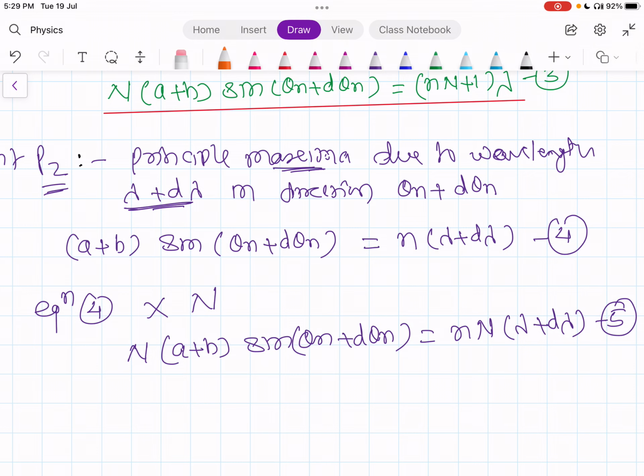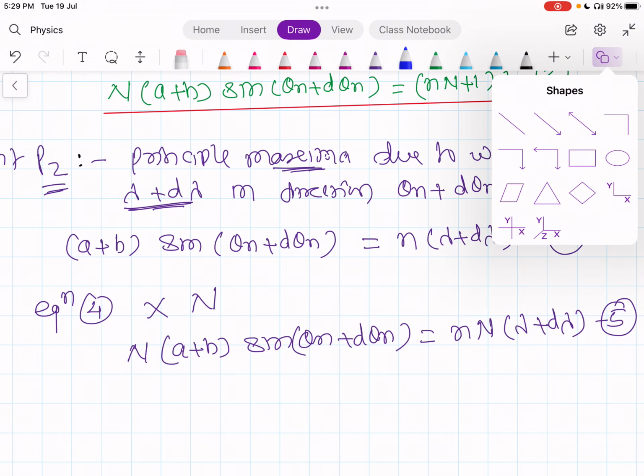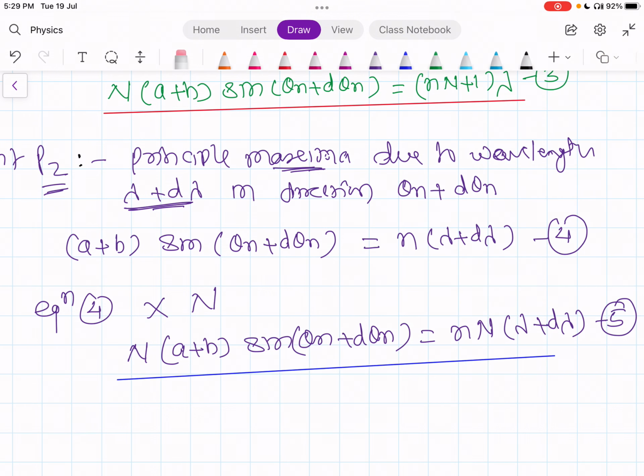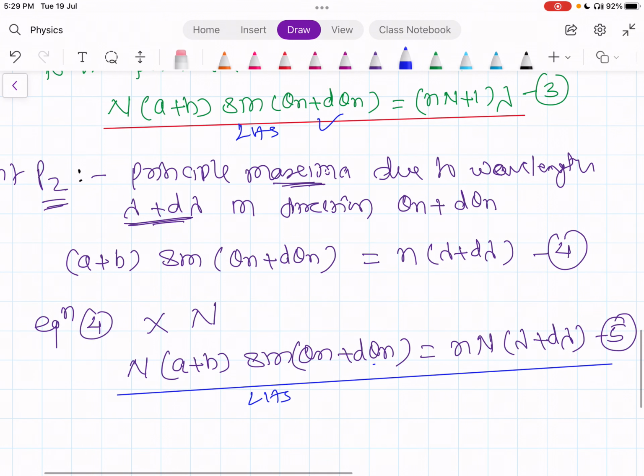So let us compare equations 3 and 5. This LHS equals this LHS, N times (a plus b) sine of (theta n plus d theta n). Here also the same thing. So the right side should be the same.